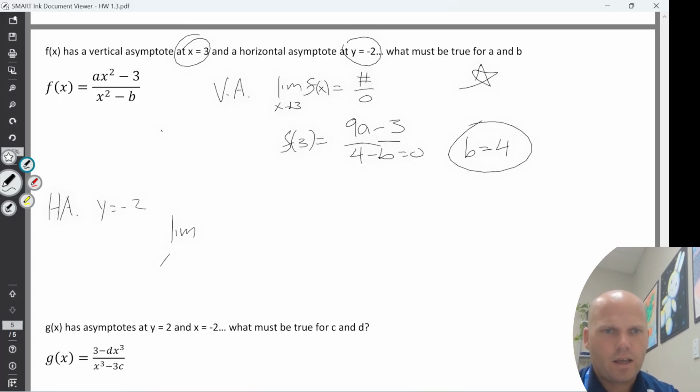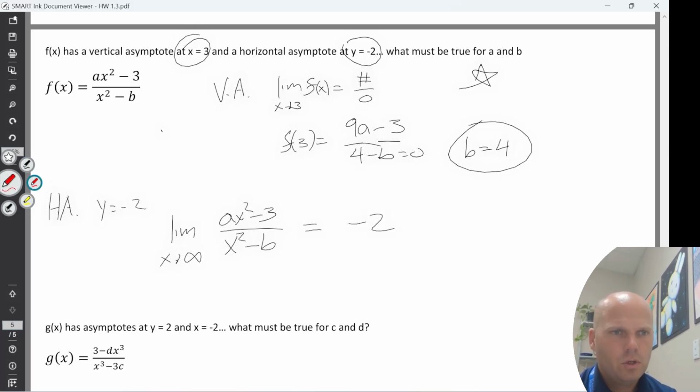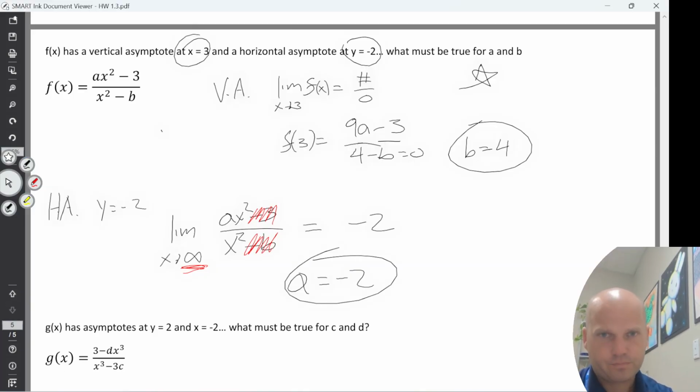So that is when I plug in infinity, or negative infinity, into my function, think about growths, and my result will be negative 2. Well, if I was plugging in infinity, I would just ignore this and ignore this, and I'd realize I'd have a same over same situation, leaving us with just a. And this is how I get a equals negative 2.